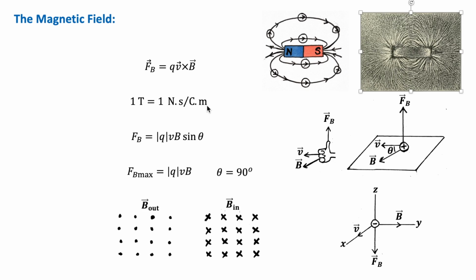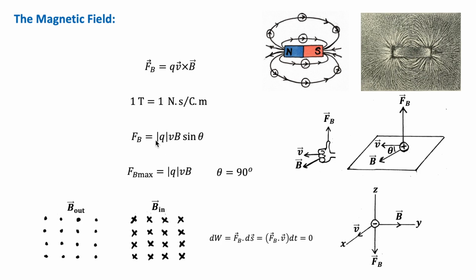The magnitude of the magnetic force is given by qvB sine theta, where theta is the angle between v and B. As you can see here, Fb is 0 if v is either parallel or anti-parallel to B, so if the angle is either 0 or 180 degrees, right? And Fb is maximum if v is perpendicular to B, so the angle between them is 90, as in this case here. Then Fb max is equal to qvB.